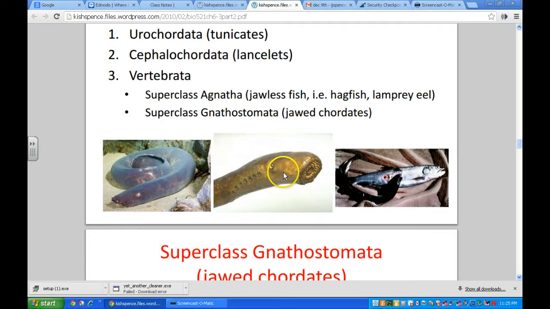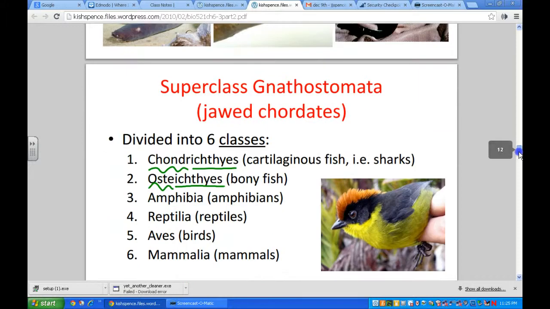This is the lamprey eel, and this is the hagfish. And then we have superclass Gnathostomata, and stomata means mouth, gnatho means jawed. So they have jawed mouth.